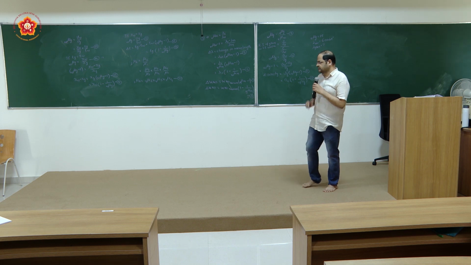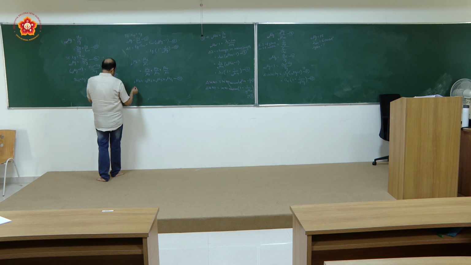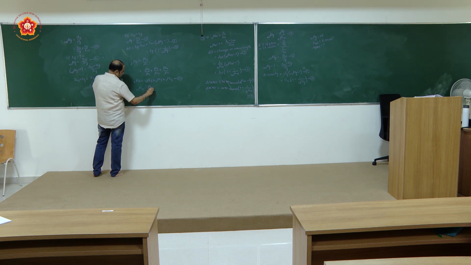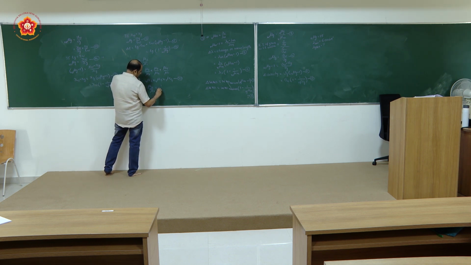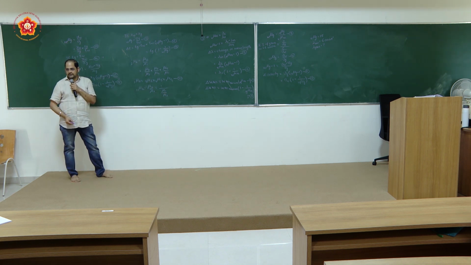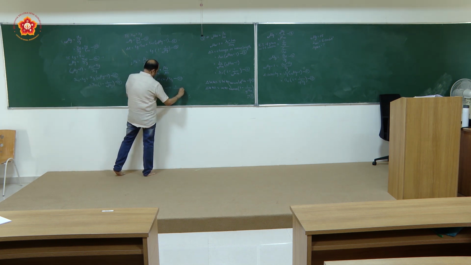Done? Now, can I write down this step? Refractive index of second medium with respect to first medium is refractive index of second with respect to refractive index of first. Can I write down this to be equal to 1 upon refractive index of 1 upon refractive index of 2? So, can I write down this to be equal to 1 upon refractive index of 1 with respect to 2?